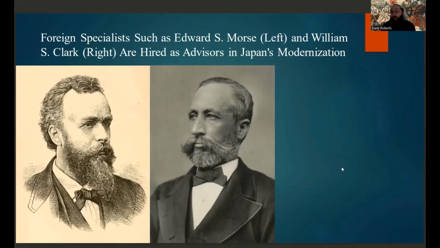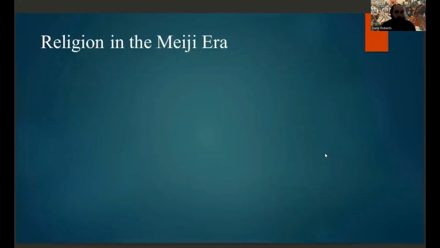They would pay them the best salaries they could to help Japan accomplish this. Again, in stark contrast to China, which hired basically anyone, whether they were specialists or not, which hindered their modernization rather than helped it. So now, with that in mind, we need to look at religion in the Meiji era.